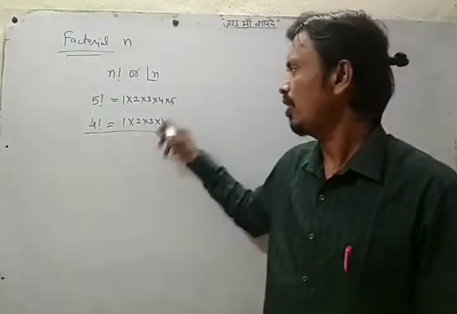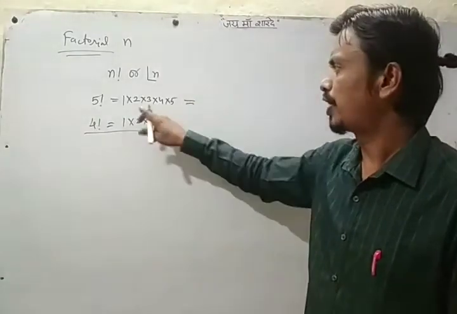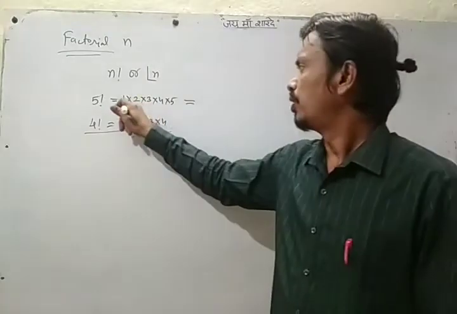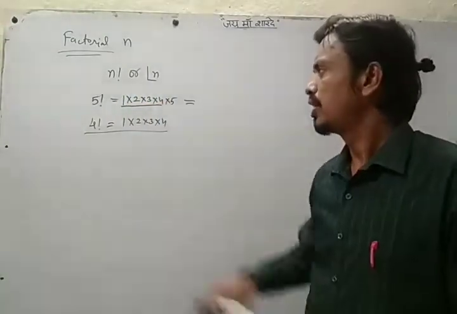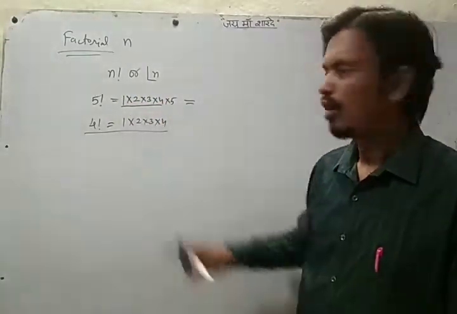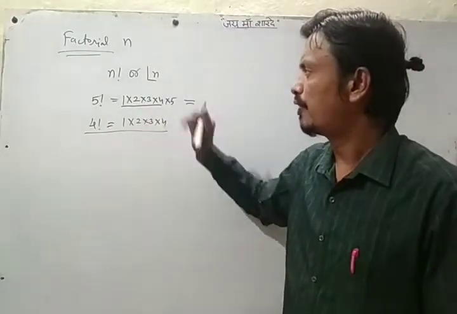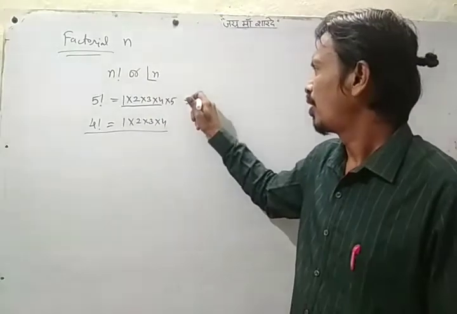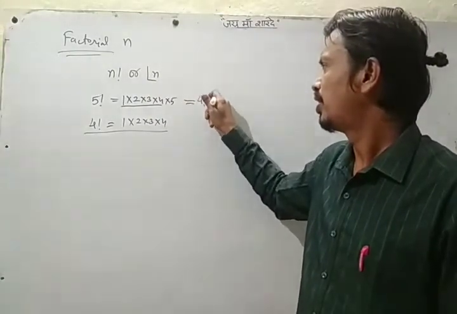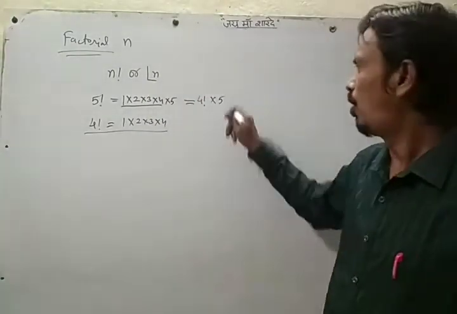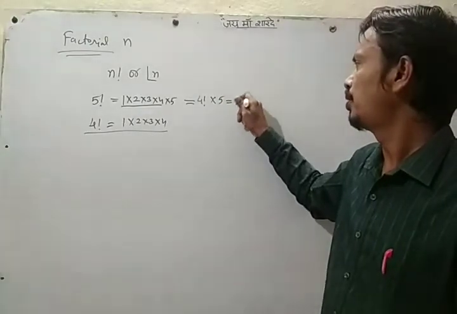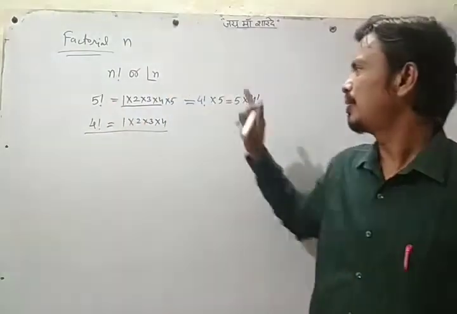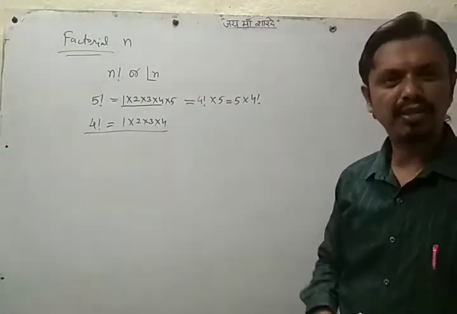Now if we take this 5 factorial, 1 into 2 into 3 into 4 into 5. If we take the numbers 1, 2, 3, 4, the product of 1, 2, 3 and 4 is 4 factorial. So this can be written as 4 factorial into 5, or 5 into 4 factorial.